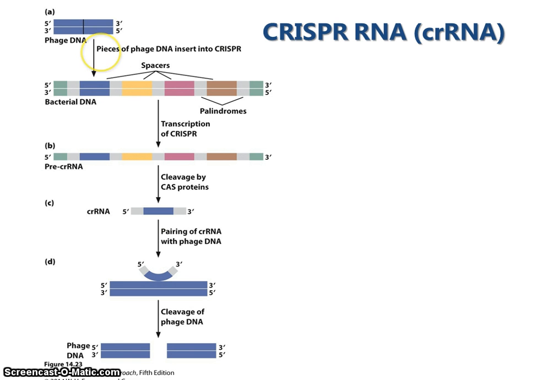And so if a bacterial cell survives a phage infection, it will incorporate some of the phage DNA into its own genome in what we call spacers. And these spacers can then be transcribed and cleaved and processed. And they also interact with a protein and form a ribonucleoprotein complex that then targets phage DNA in the event of another infection and is able to cleave and destroy the phage DNA.